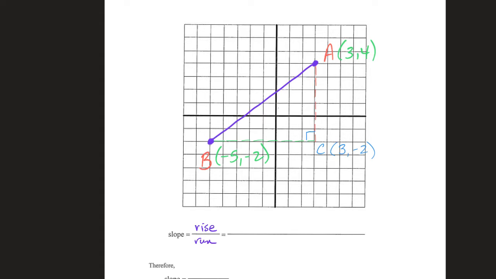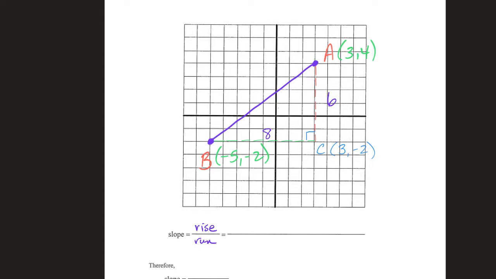And what I'm going to do is label on my graph what my rise and my run were on my triangle. So I should be able to see that I had a rise of 6 and a run of 8. Now on my diagram, I knew that that reduced to 3/4. Your diagram will have something different, hopefully.